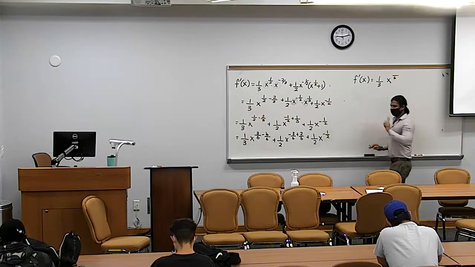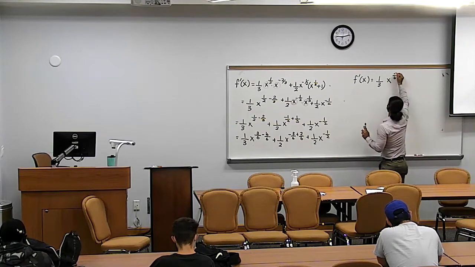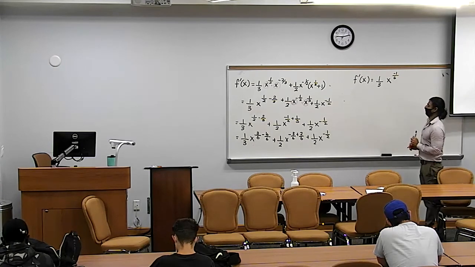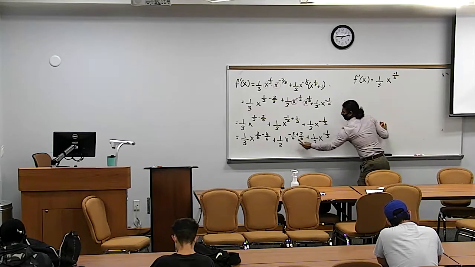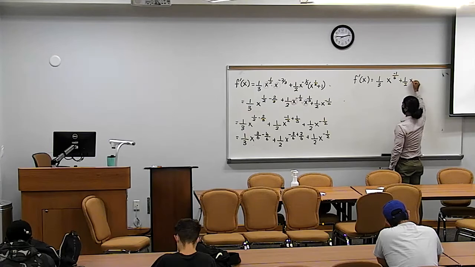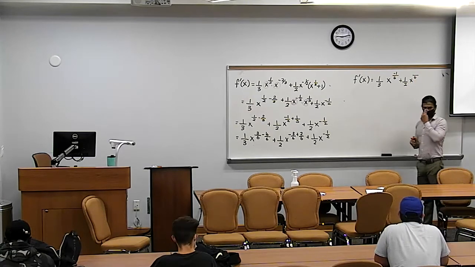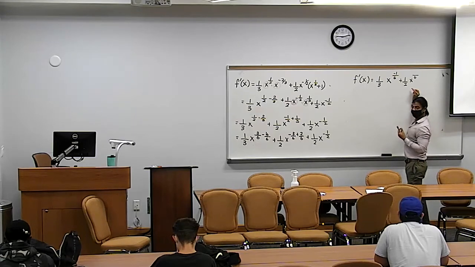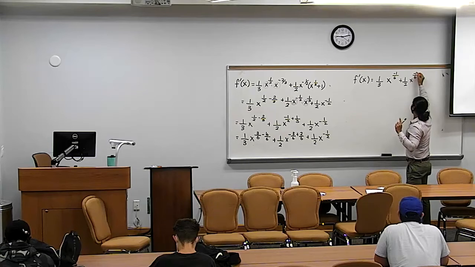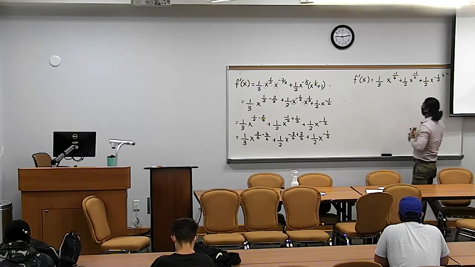What is 3 minus 4? Negative 1. Same thing, common denominator is 6. What is 2 minus 3? Negative 1. So we have -1/6 x raised -1/6 plus 1/2 x raised -1/2.